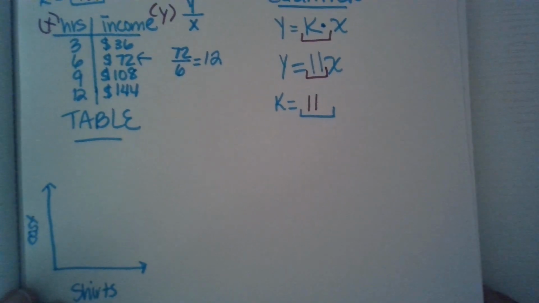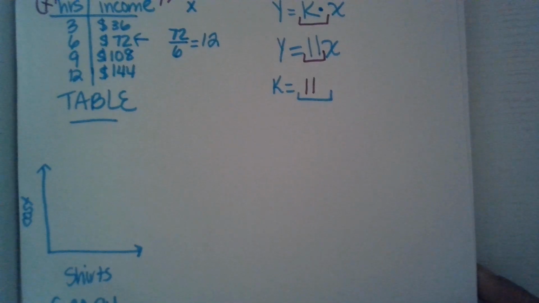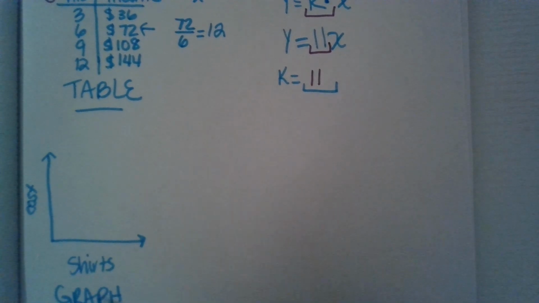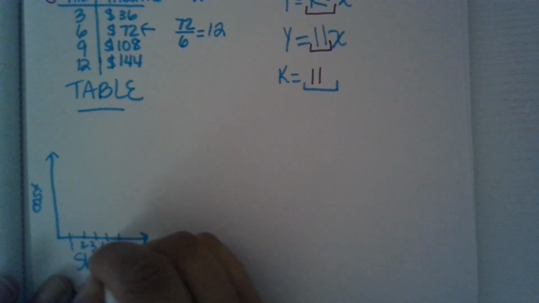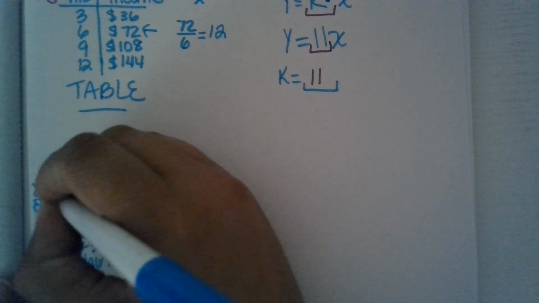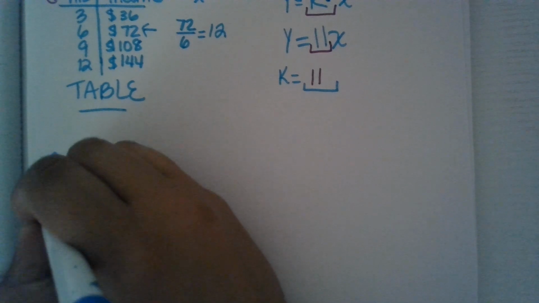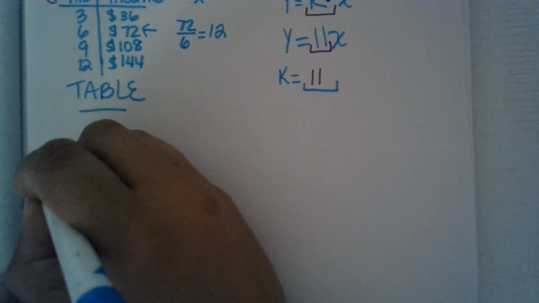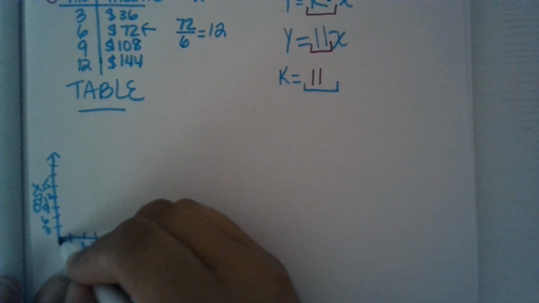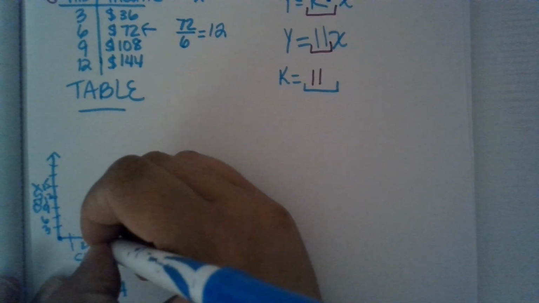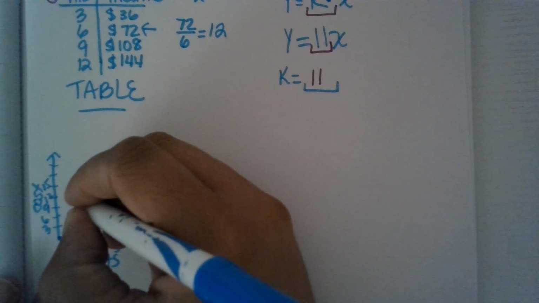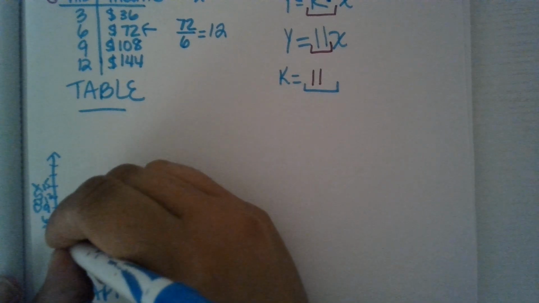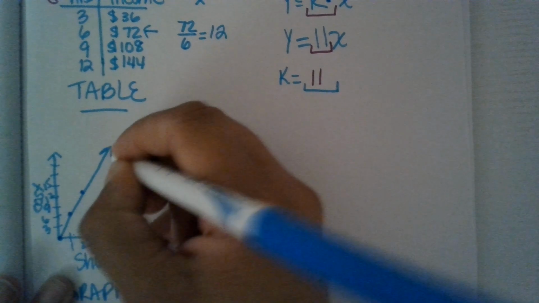Then we're going to do 1, 2, 3, 4, 5 and 3, 6, 9, 12, 15. So we're going to plot this point, and this point, and this point, and then we're going to just draw my line.